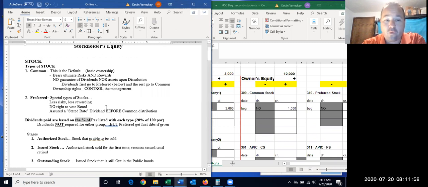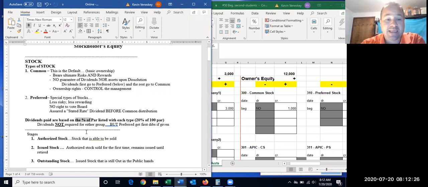One thing to note before we keep going is that dividends are never required. Companies do not have to issue dividends. So just because preferred stock gets first dibs, that's only when dividends are actually issued. It's not like when companies issue bonds, where they have to pay the interest, however it's stated, or with a note, where they have to pay back that note.